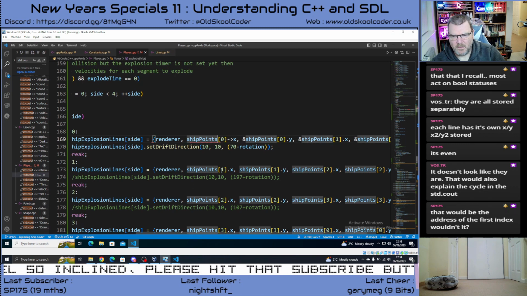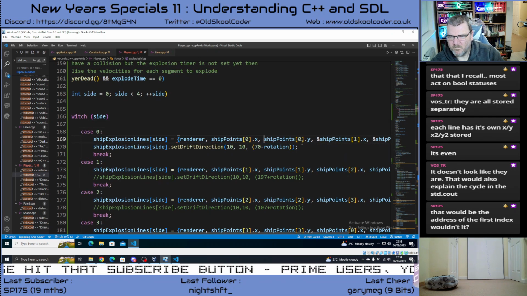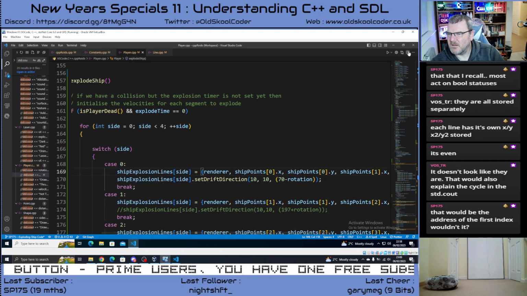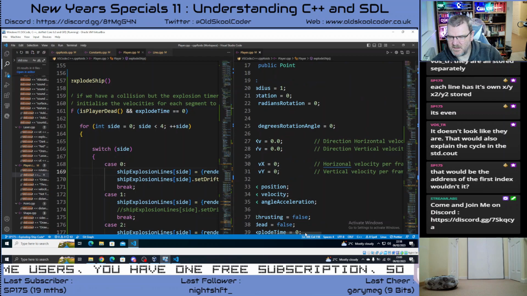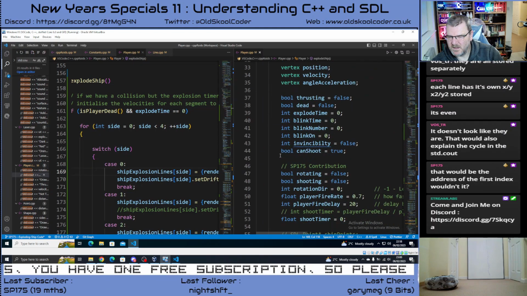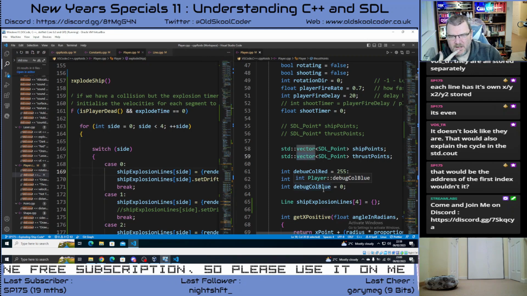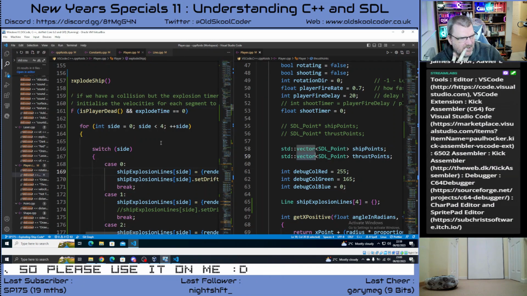I don't know. I'm just trying to understand what VosTR's saying. The thing that's making me think VosTR might be on something is this is a vector, so it would be an index.